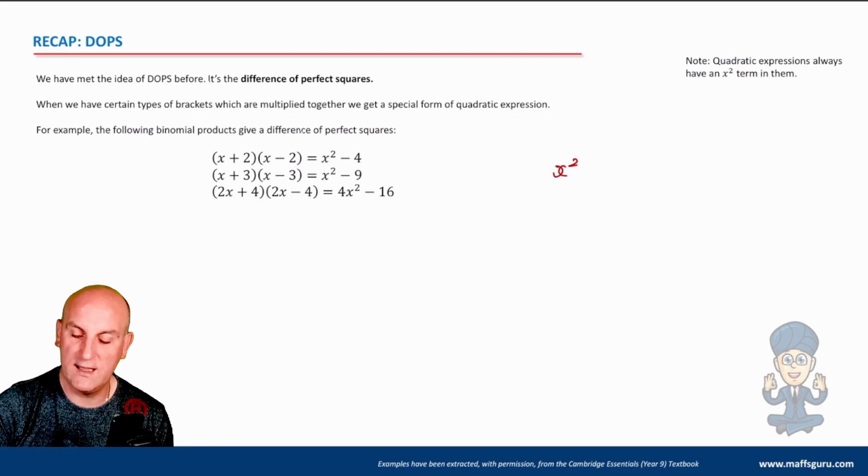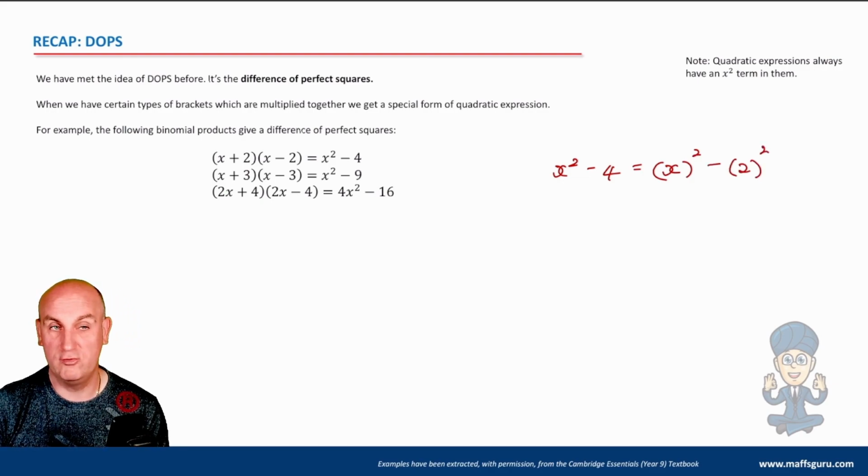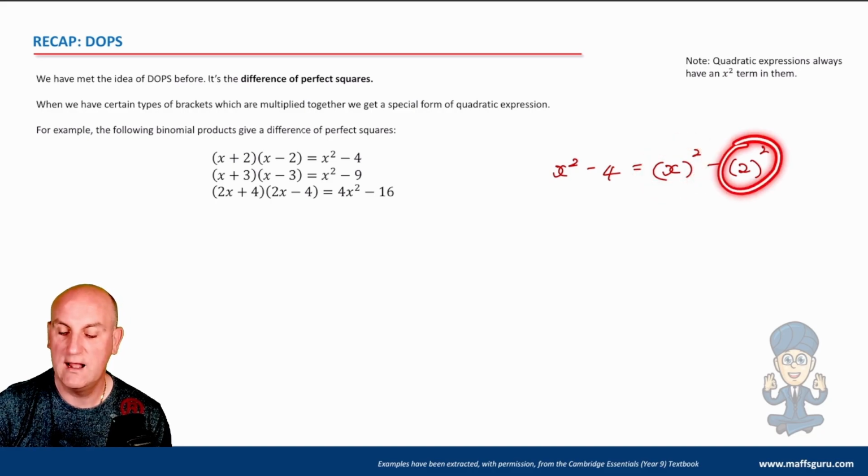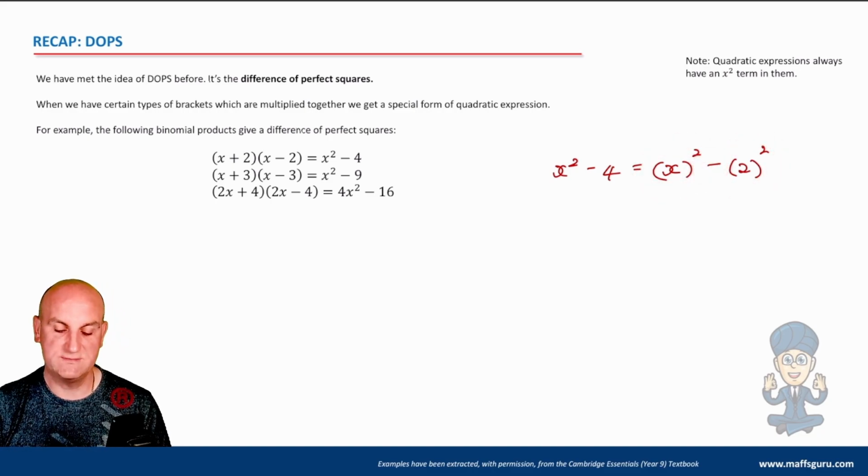So x squared minus 4 can be written as x squared minus 2 squared. That became really important because these are differences of perfect squares. There is a perfect square, and another perfect square, and there is my difference.